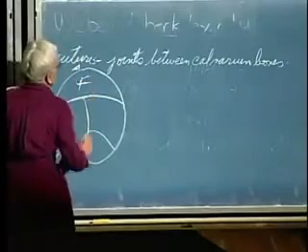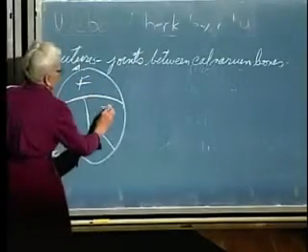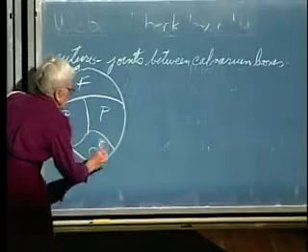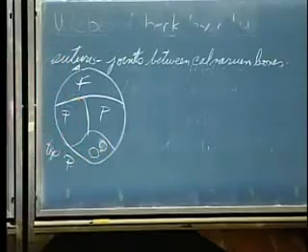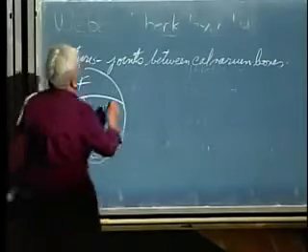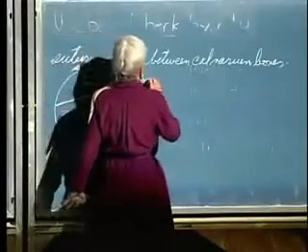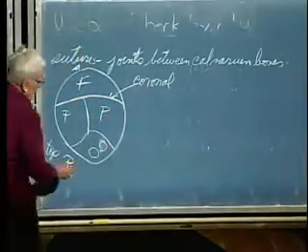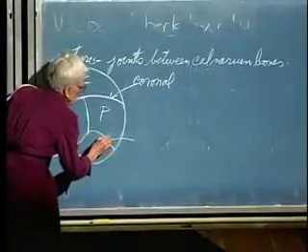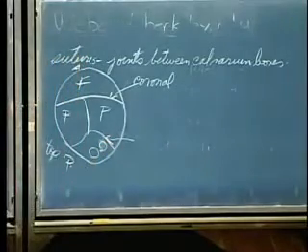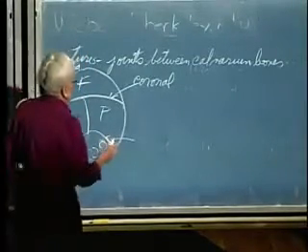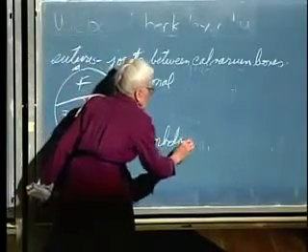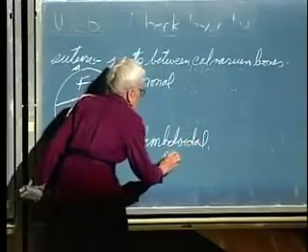Here I have my frontal bone, my parietal, and my occipital with the foramen magnum. And I've put in the sutures. This one will be the coronal suture, between the frontal and the parietal. This one will be the lambdoidal suture.